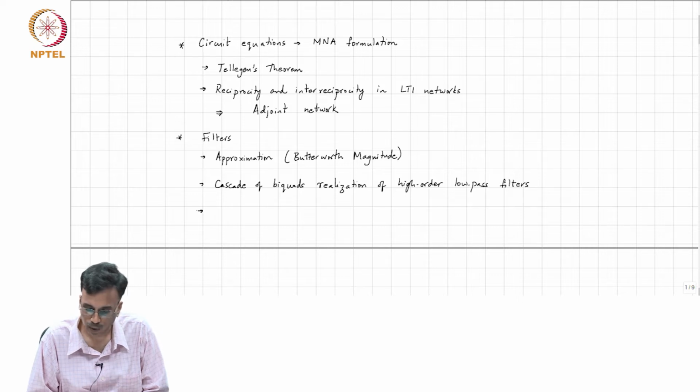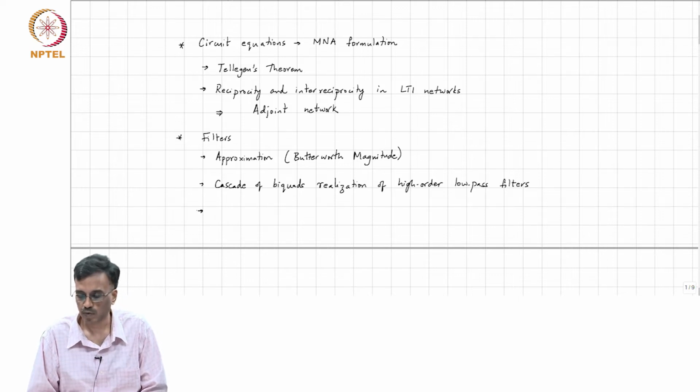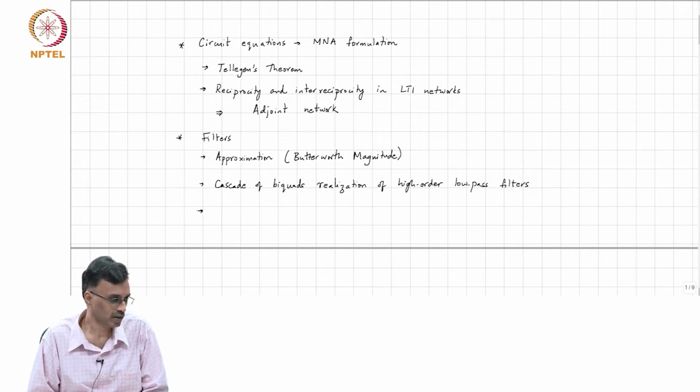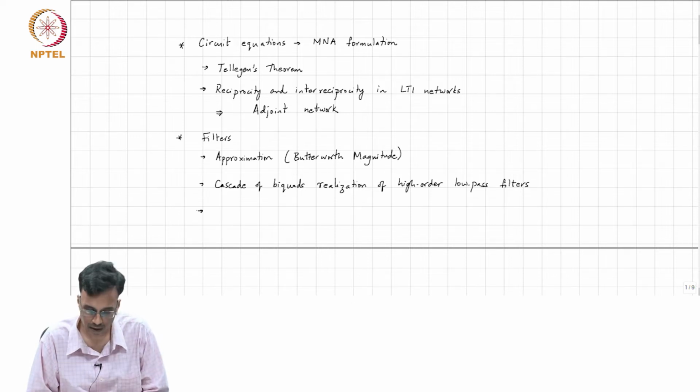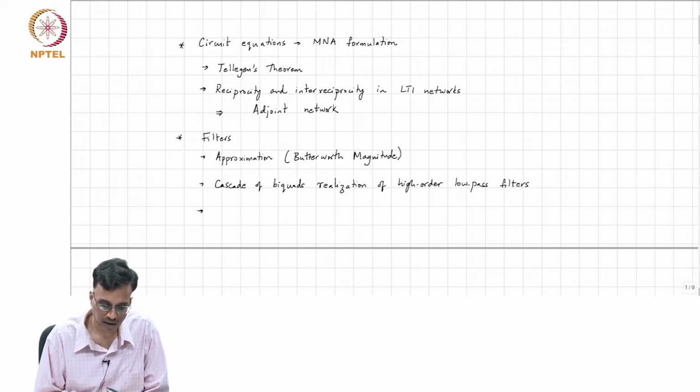While the cascade of biquads was only seen with low pass filters, it turns out that it is also a common thing to do with band pass filters, where they all become a cascade of resonators instead.